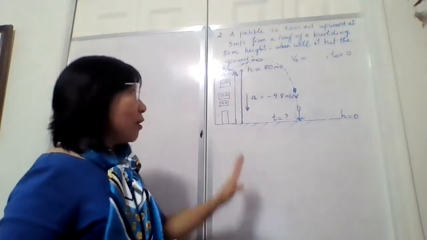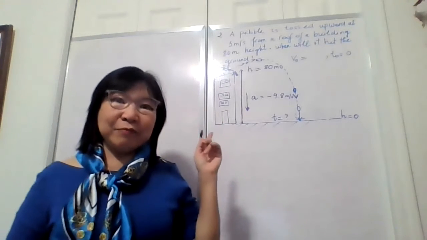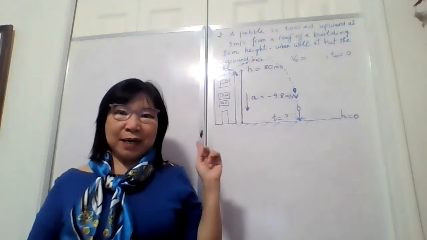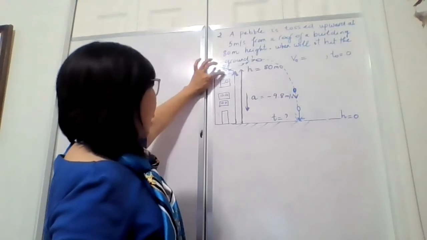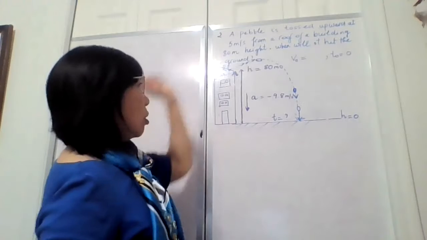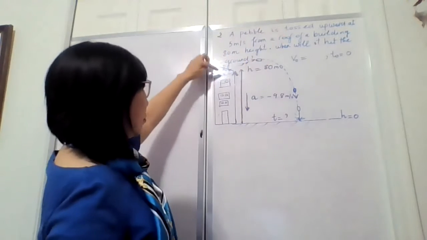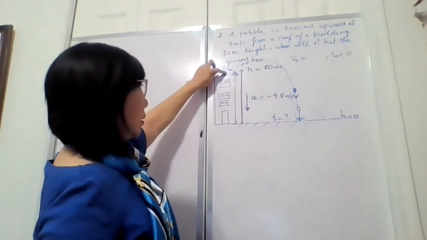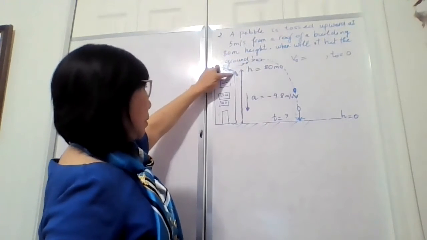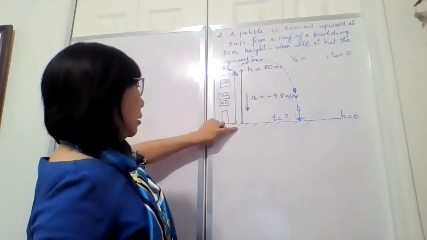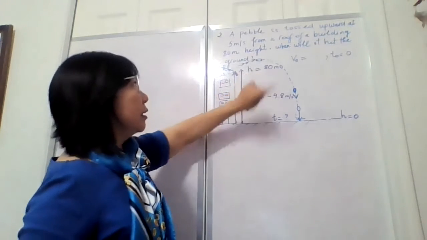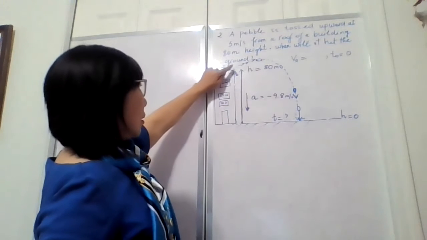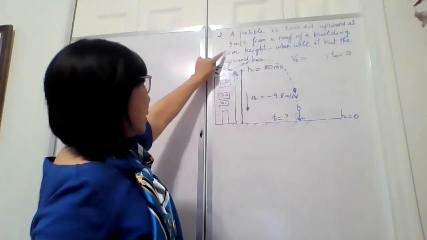On the board, I have demonstrated the problem with a diagram. This is the building, and there's a guy on top of the building who tosses a pebble from the roof. The height of the building from here to the ground is 80 meters.